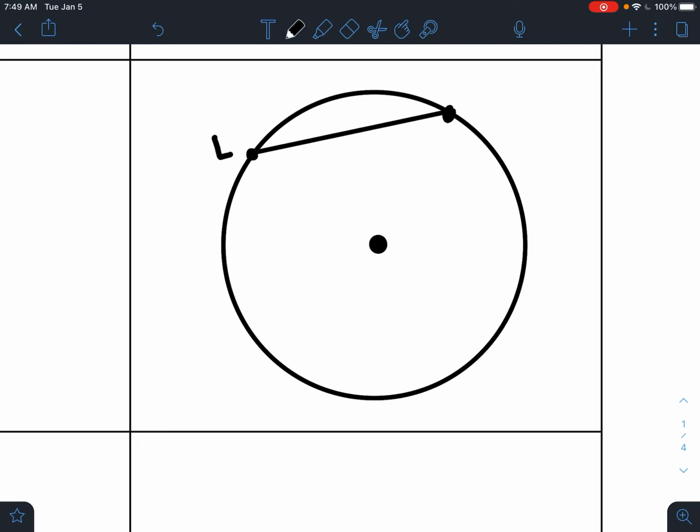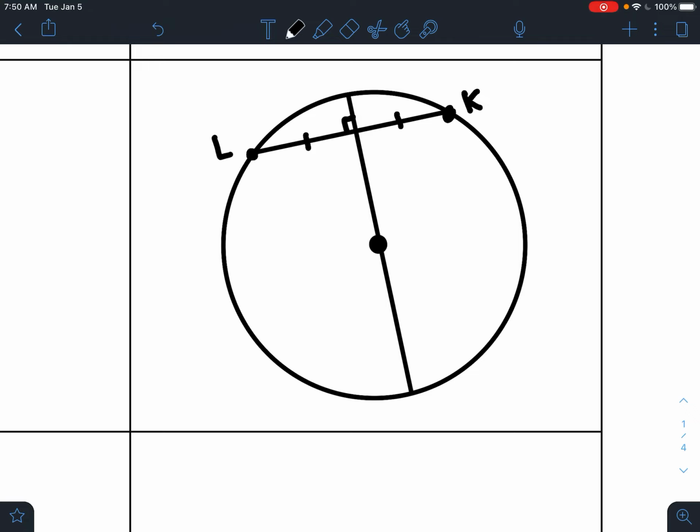And let's name those L and K. And so what we want to do is focus on this chord, and draw the perpendicular bisector of that chord. I'm going to draw it so that it's all the way through. Let's actually notate first that it's a perpendicular bisector, so I'm going to make it perpendicular and I'm going to make it a bisector.